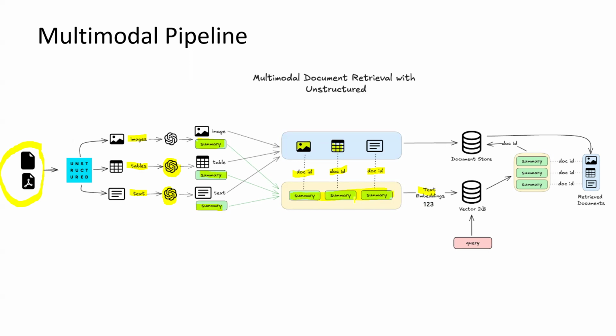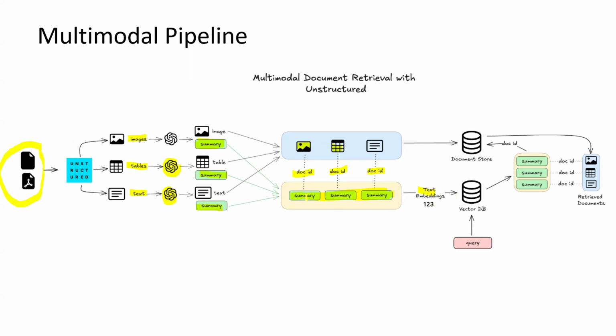So now this has become normal RAG of normal, clean text, because we have separated our multimodal data out of it. Image has been taken out, table has been taken out, and we have created their respective summaries. For these summaries, we will create the text embeddings and put them in our vector database.